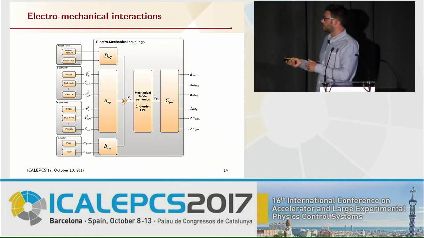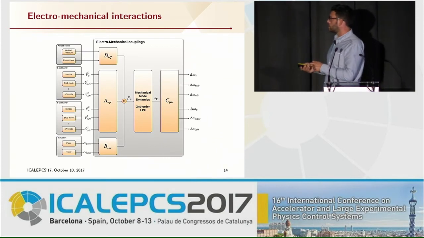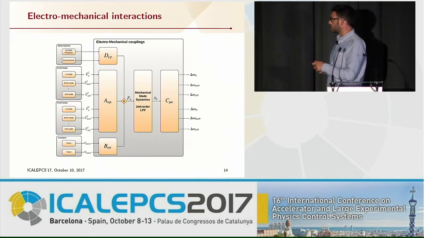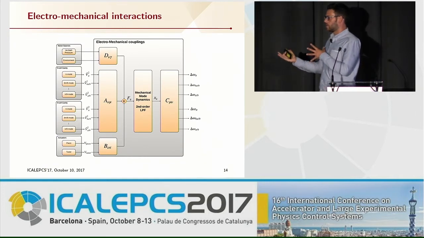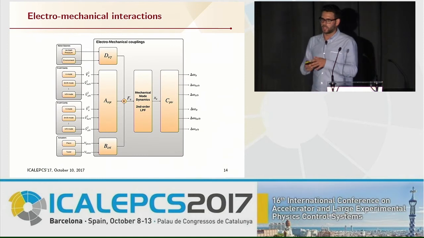And then there is a coupling matrix, and then those forces excite the mechanical resonances, and we use a second order low pass filter, a textbook response for these resonances, for these eigenmodes, and then there's a displacement that gets created, and then those displacements are coupled to each cavity, and there's this effect that it shifts the resonance frequency of each eigenmode. So we have these electromechanical interactions that are represented in this way.